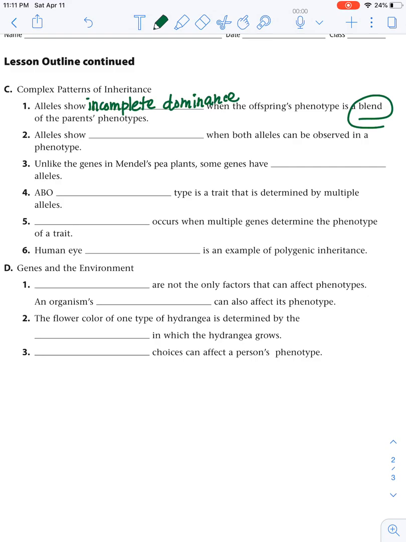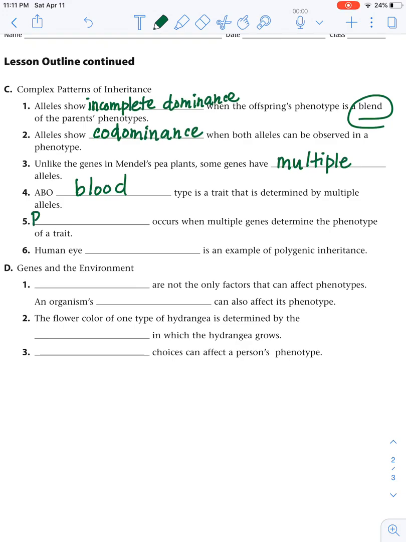Now, number 2, alleles show codominance when both alleles can be observed in a phenotype. Number 3, unlike the genes in Mendel's pea plants, some genes have multiple alleles. Number 4, ABO blood type is a trait that is determined by multiple alleles.